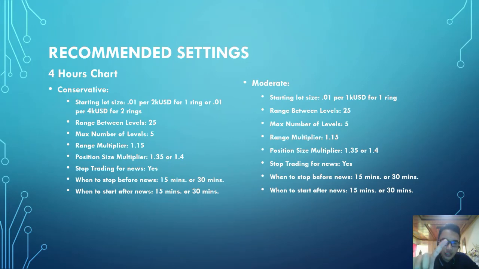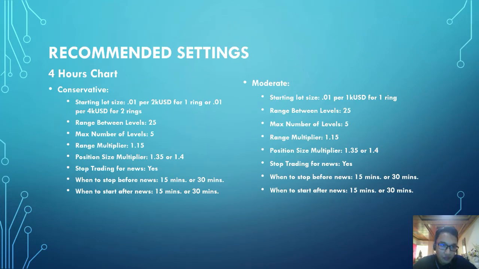But for the 4-hour chart, the robot looks at the price movement per 4 hours. Now, 4 hours is fine. I mean, for me it is much better than daily, but you need to set the lot sizes much lower than the daily chart.